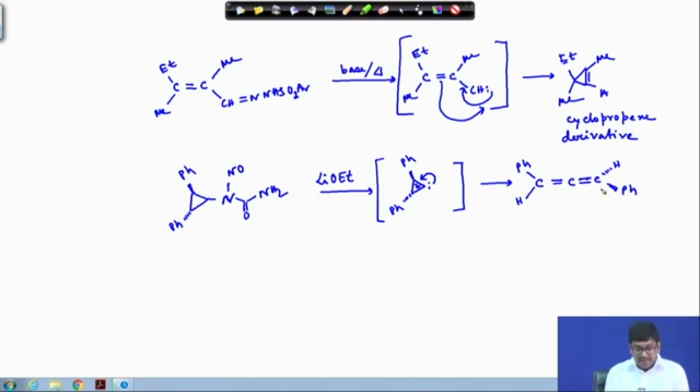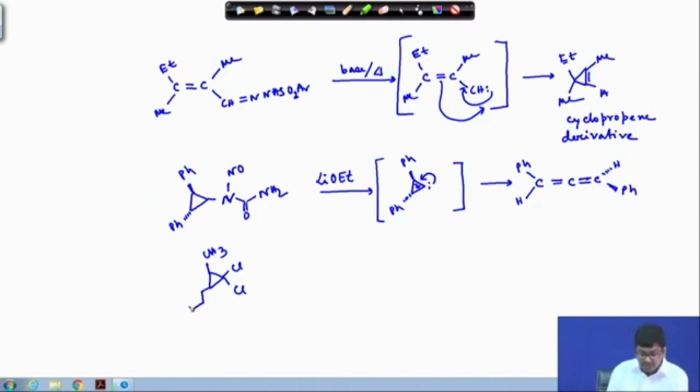Okay. In another example of making such kind of allenes, we have not taken a carbene precursor, we have not taken this N-nitrosourea, rather we have taken this dichloro substrate. Okay.